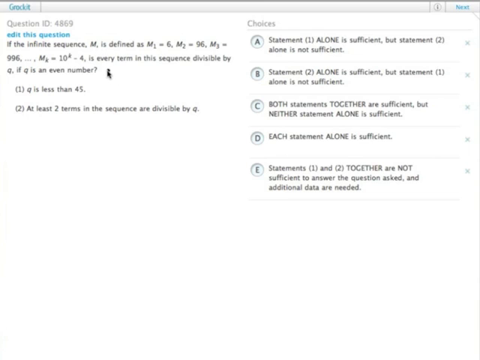Yikes. So really the main thing that we can do before we start tackling statements is decide that every number in this sequence looks like it's going to be divisible by 2, because these are all even numbers. So it's going to be divisible by 2 and by 6.